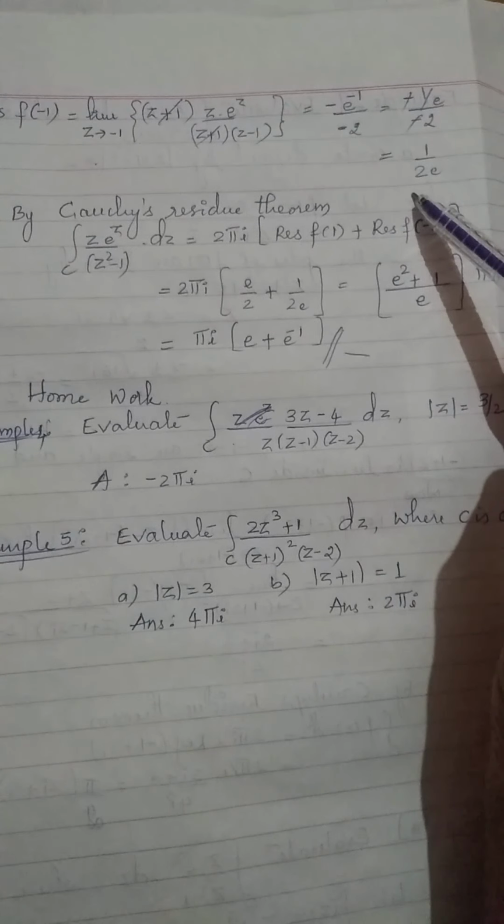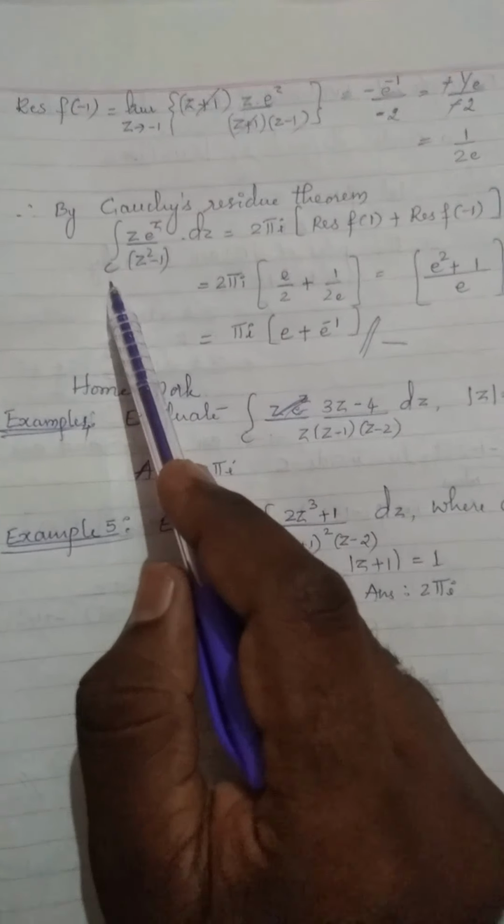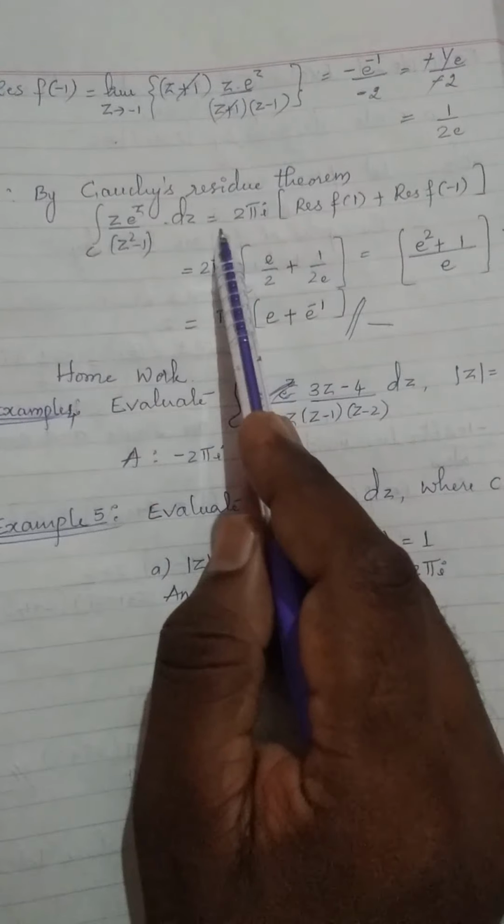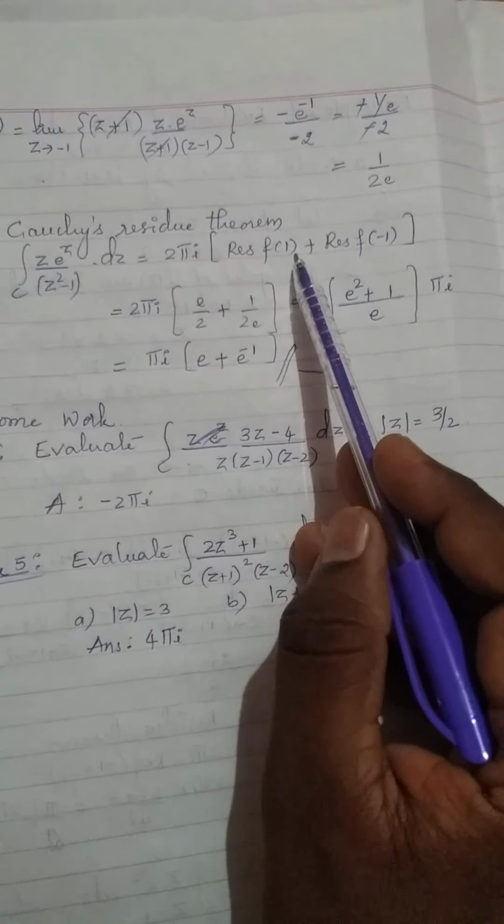Therefore, by Cauchy's residue theorem, the integration over C of z into e raised to z divided by z square minus 1 dz is equal to 2 pi i into (residue of f at 1 plus residue of f at minus 1).